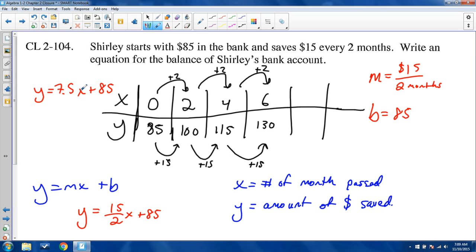When x equals 2, you're going to be adding 7.50 twice. 7.50 plus 7.50, that's $15. That adds to 85. You get 100, etc. When x equals 4, that is 4 times you're going to add $7.50, which is $30. 30 plus 85 is 115. So you can see how this equation works here, and it's based on what x value you choose to get your y value, or the other way around.